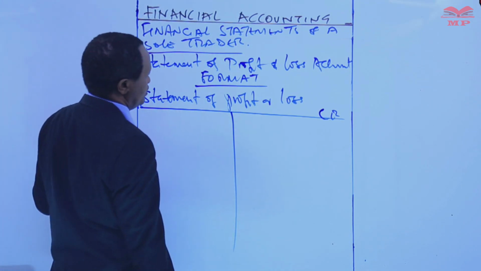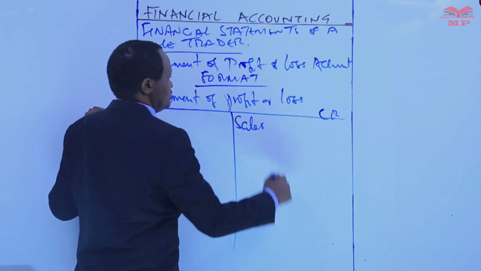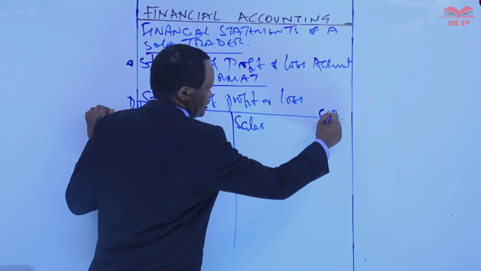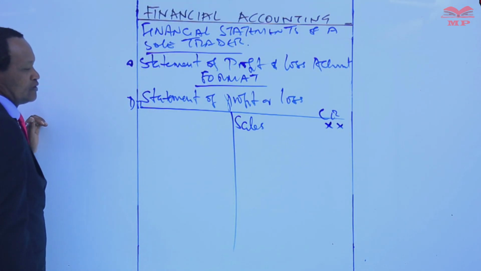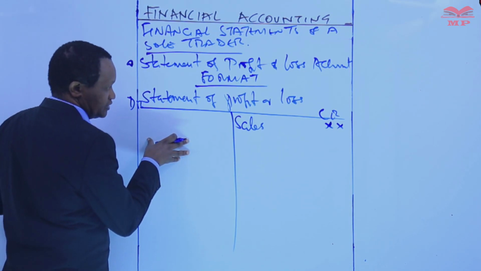So for a business, the first revenue would be sales. So we record here the sales. Then on the debit side, we'll have the cost of sales.